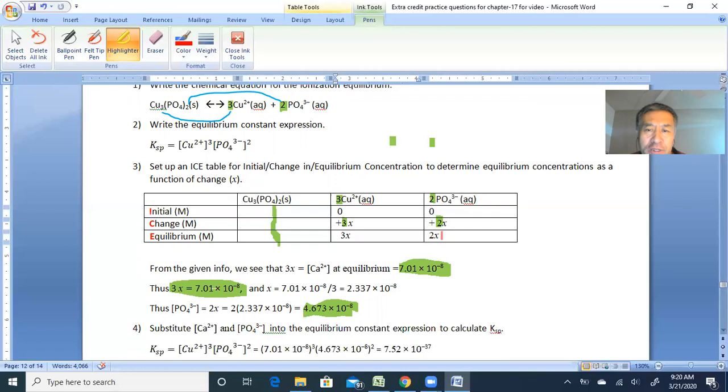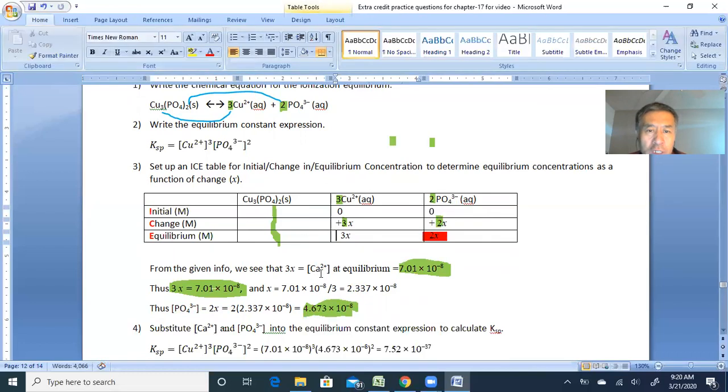And then from this, we see 2x is the concentration for phosphate at equilibrium. So the phosphate molarity at equilibrium equals 2x, equals 2 times this number for x, and we get this. So now we know the concentration of the phosphate and the concentration of the Cu2+ at equilibrium.